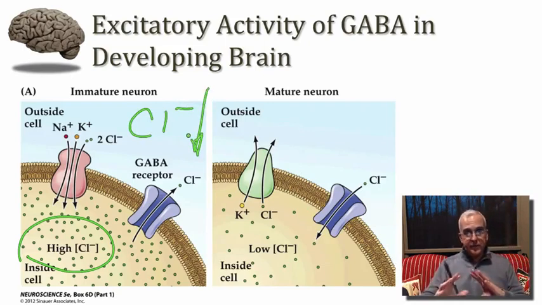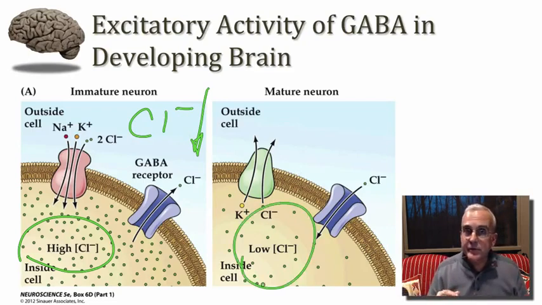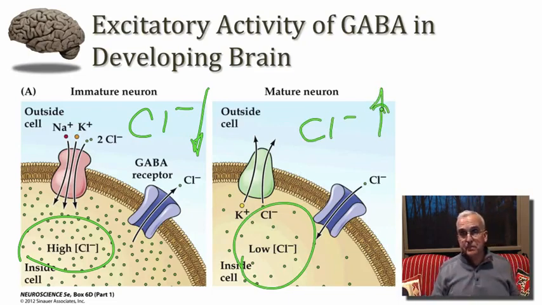But once this gene switch is turned on and a different type of transporter is now inserted into the membrane as the neurons develop in postnatal life, now we have low chloride concentrations within the cytoplasm and much higher chloride concentrations outside of the cell.